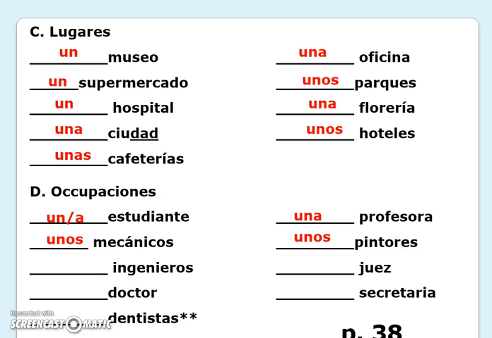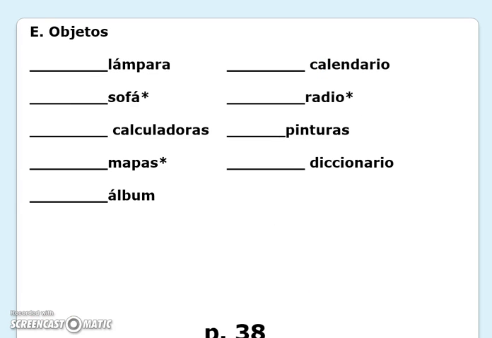Unos pintores. Unos ingenieros. Un juez. Un doctor. Una secretaria. And remember, anything that ends in ista is always both. Unos dentistas means boy dentists, and unas dentistas means female dentists.